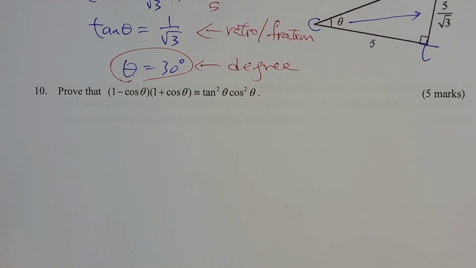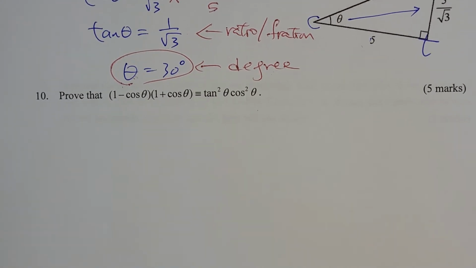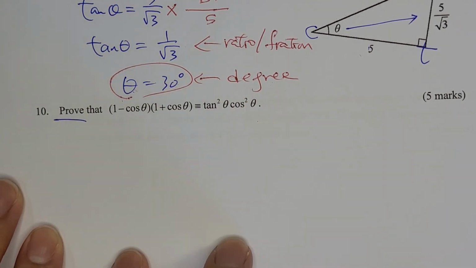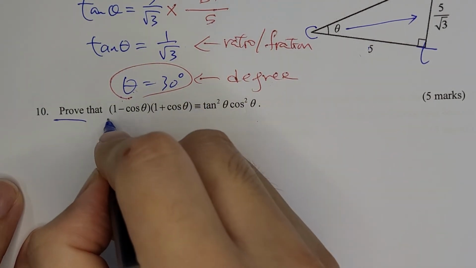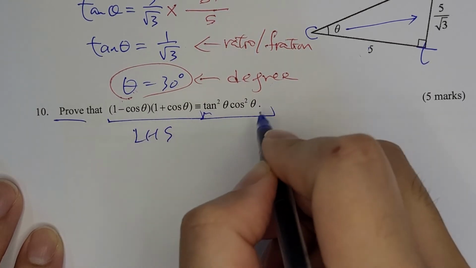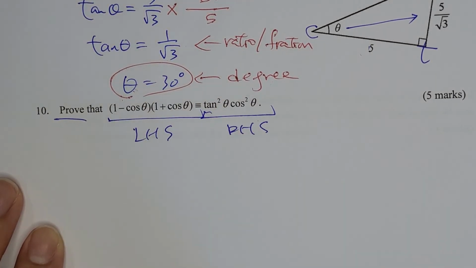And go to question number 10. You need to prove this. Proof. That means you cannot start with this one directly. You need to split it into left hand side and right hand side and do it separately.